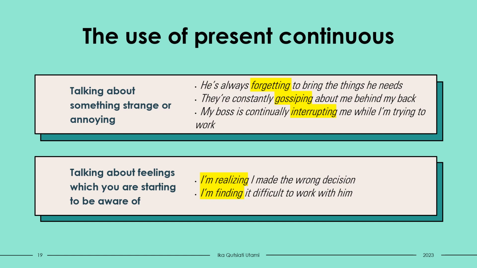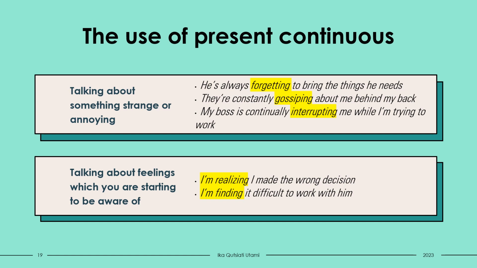Let's do one more example. For example, I find it difficult to work with him. I'm finding it difficult to work with him. So can you see the difference? Again, if you say, I find it difficult to work with him, this is not something new for you.